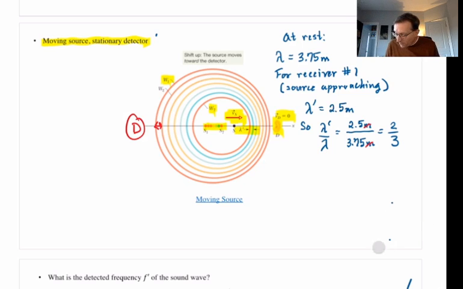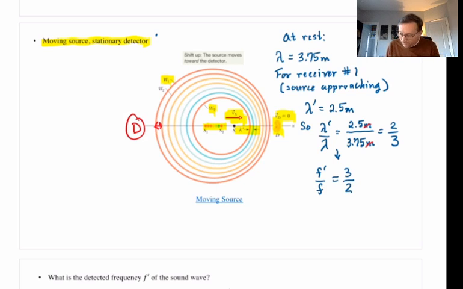Now, that's the ratio of the detected wavelength to the emitted wavelength. But remember, wavelength and frequency are inverses. f equals v over lambda. f is upstairs, lambda is downstairs. So that means the ratio of the wavelengths, lambda prime over lambda, is 2/3. Then the ratio of the frequencies, f prime over f, the detected frequency over the emitted frequency, is 3/2.